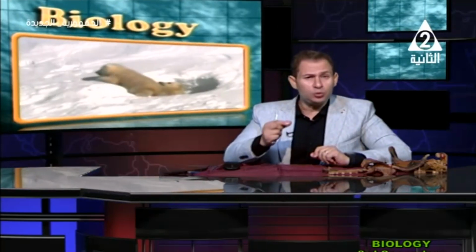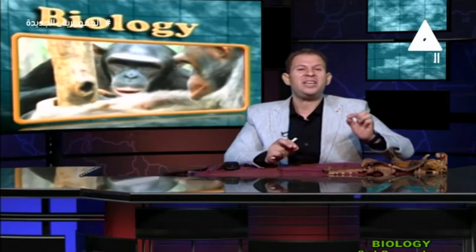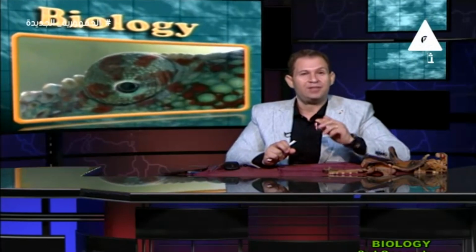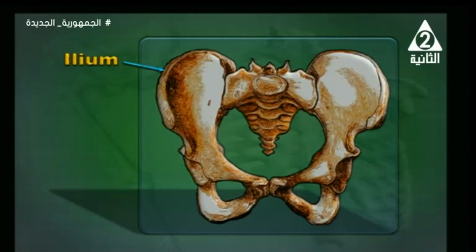Let's start, and I'm going to make a revision of what I studied in the lower part. This is the shape of the pelvic girdle and the lower limb. A bone called ilium, a bone called pubis, and a bone called ischium are fused together at a place of attachment.